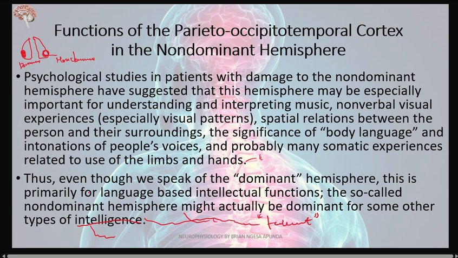A good example will be maybe somebody is just speaking. I can't think of the right statement at the moment, but we know that we can have one statement, and depending on how an individual is speaking it out, they are able to infer different meanings.